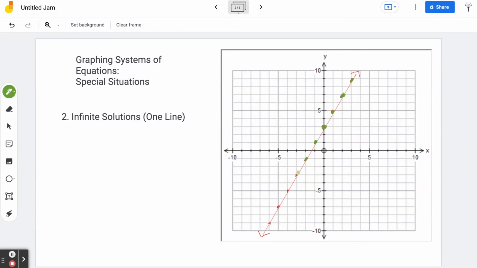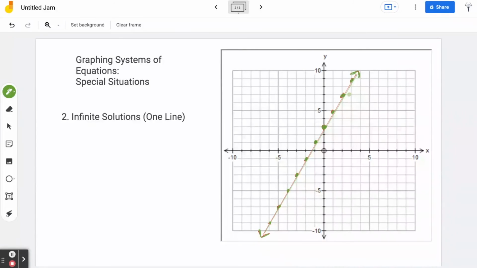What happens in this special occasion is that these two lines have the same slope and the same starting point. Basically, these two equations will result in lines that sit directly on top of each other. Now you'll notice mine is not sitting completely on top of the other, but that's for the sake of you seeing that there are two lines there.